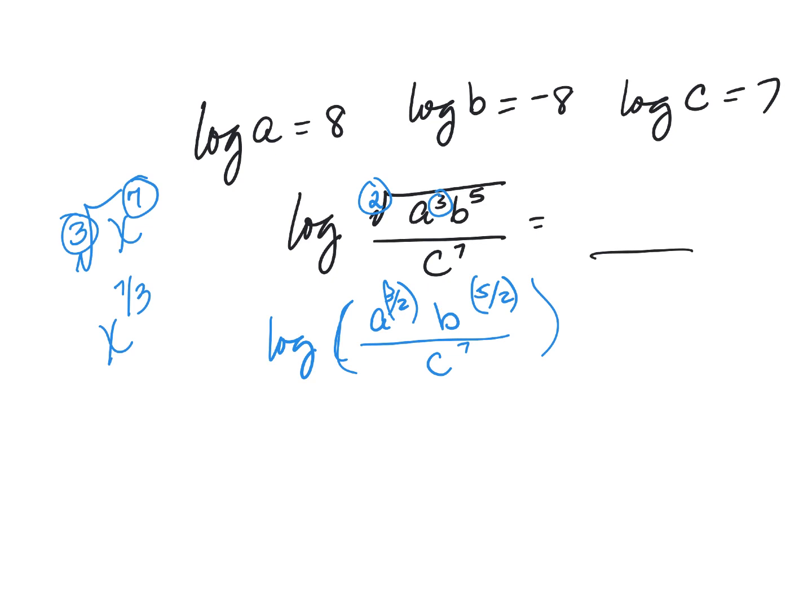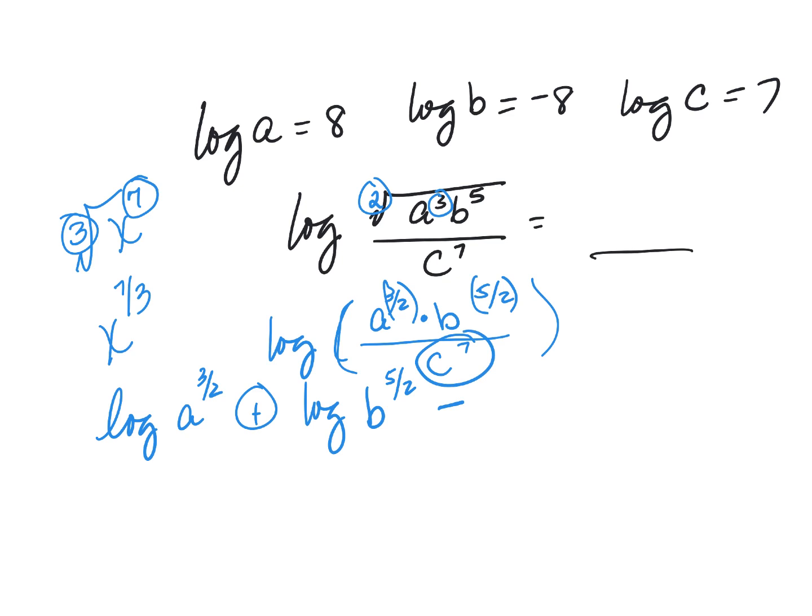All right, so if you divide this up, it's going to be log of a to the 3 halves plus log of b to the 5 halves, because multiplication turns into addition and you give everybody its own sign, and the guy downstairs turns into a minus because it's dividing, log base of c to the 7, okay?